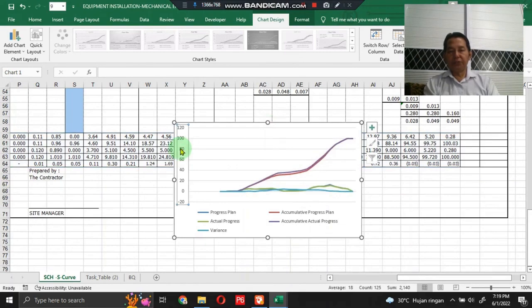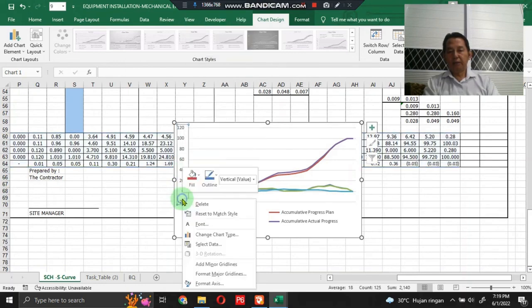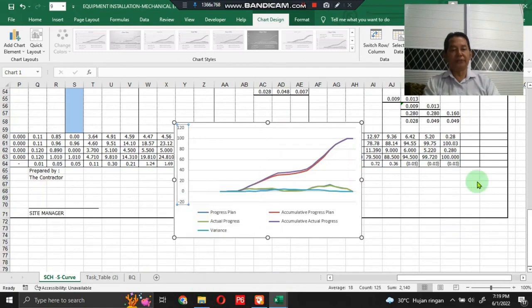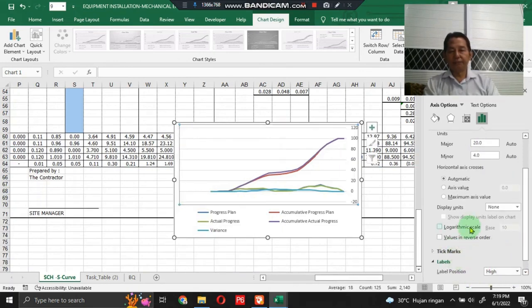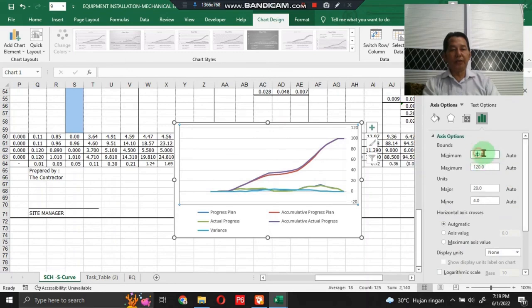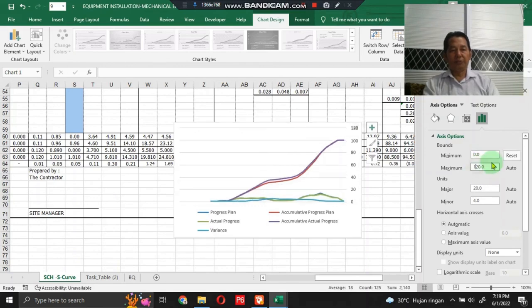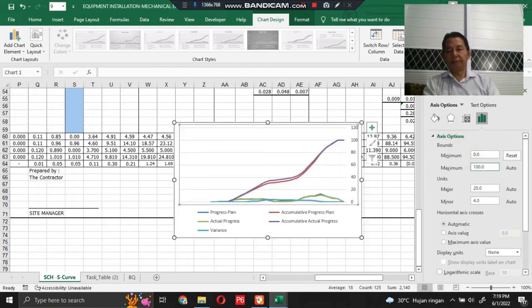And we move the axis section to the right by right clicking and choosing format axis, then choosing labels and choosing high. Then we reset the boundary, starting from minimum 0 till maximum 100.